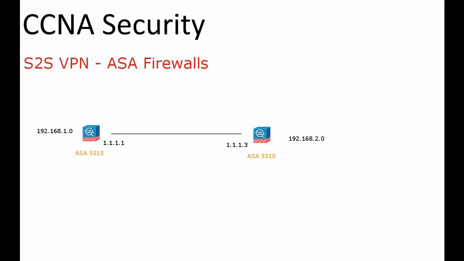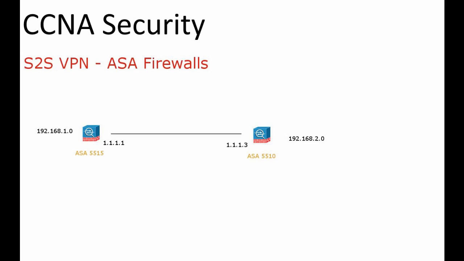ASA 02, the ASA 5510 on the right hand side, has the LAN 192.168.2.0. To simulate a host behind these firewalls, I just put a router. I have a router 192.168.2.199 and I think 1.199 behind ASA 1 and ASA 2.